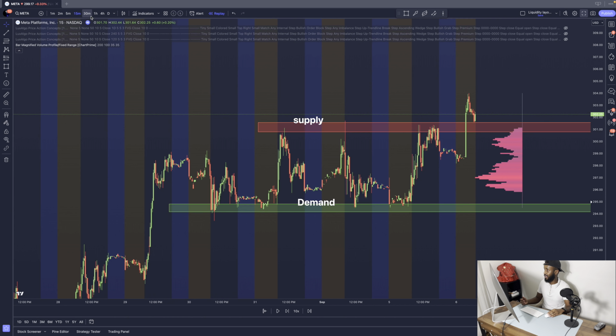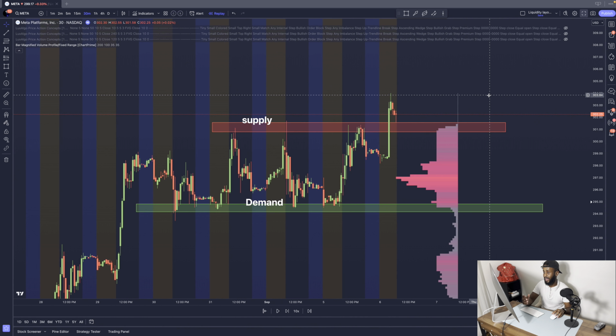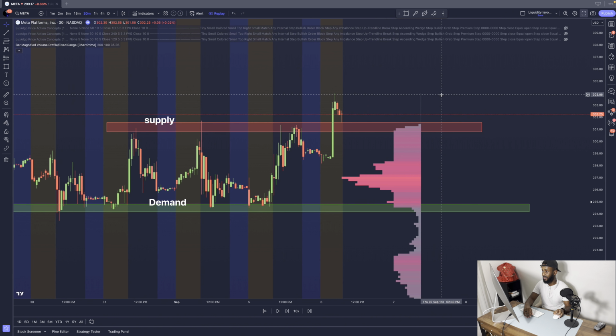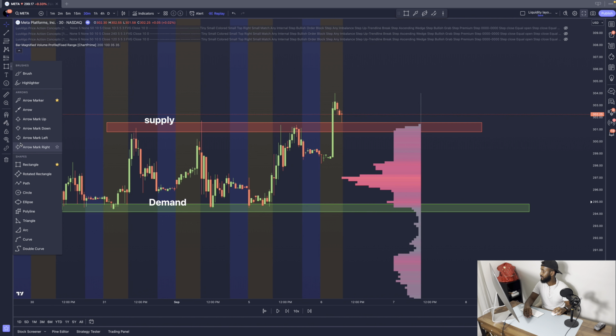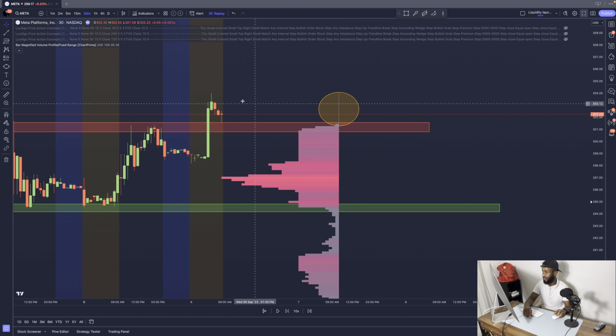So when I was looking at these charts, I saw a couple things. Number one, there is this supply zone that we recently broke out of and went to the upside, but there is not a lot of buying around this zone recently.